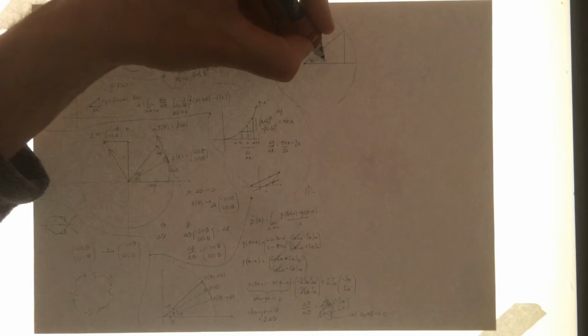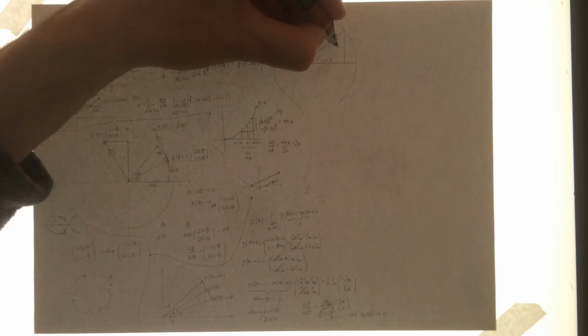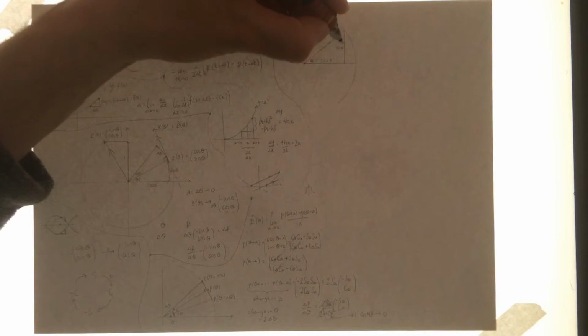And this is cos delta, and this is sine delta. And we are required to prove that sine delta over delta tends to 1 as delta tends to 0.